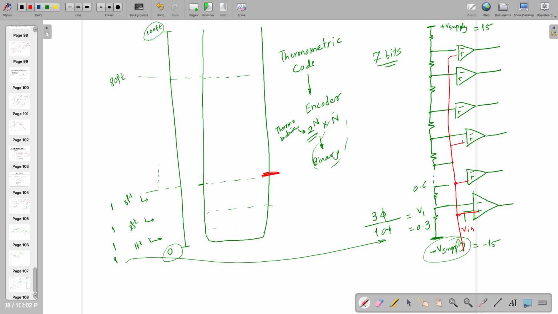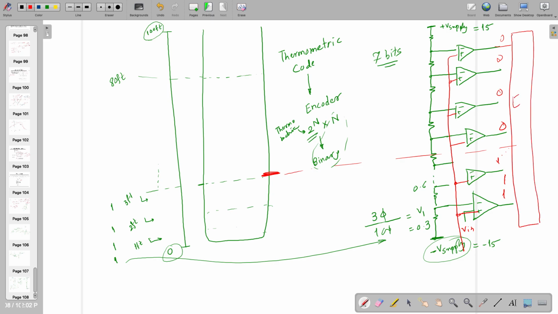These are the comparators, by the way. In open loop, either they will give you 0 or 1. If it is filled up till here, all 1, and thereafter 0 0 0, and thereafter you need one encoder circuit which will convert this to binary.